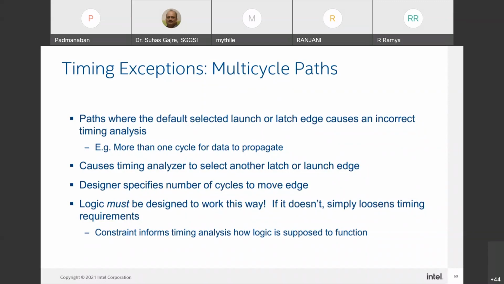That means we cannot do the same setup and hold relationship for those paths, because it takes more than one clock period. So the designer specifies the number of clock cycles to move it. We have to provide whether that will work in one clock cycle or 2 or 3. That means we are going to specify how many clock cycles are required to propagate the data from one flip-flop to another flip-flop.